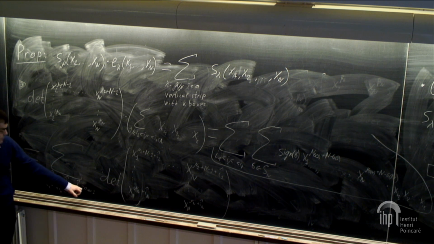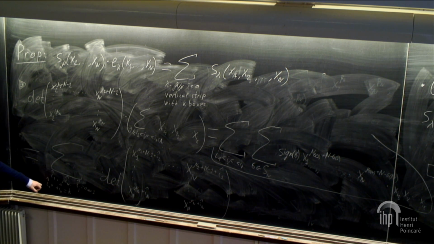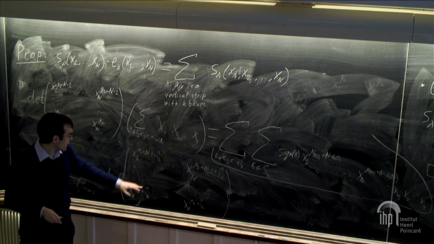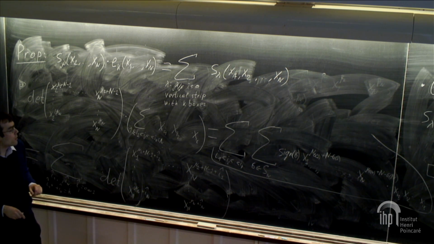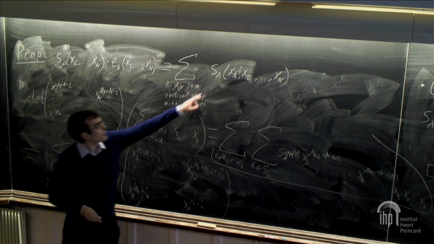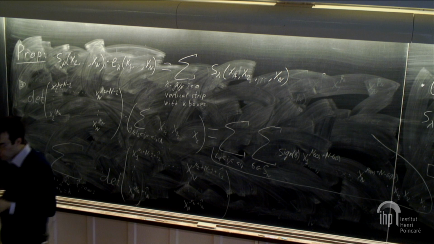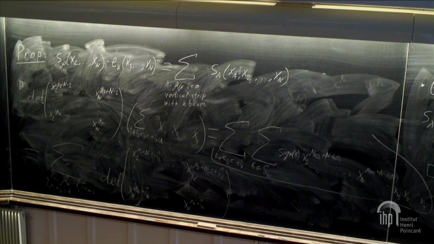Each of these indices is either 0 or 1, and their sum is equal to k. So this is just k rows where I can add these boxes. And I have this determinant, which is exactly what I will have here, because when I divide by the Vandermonde, I obtain the Schur function.